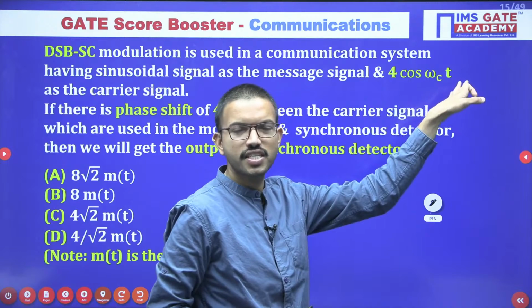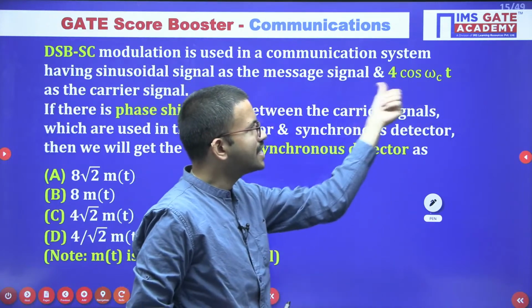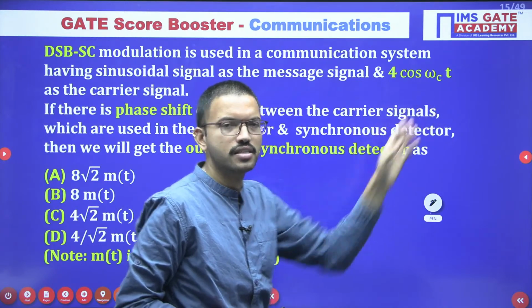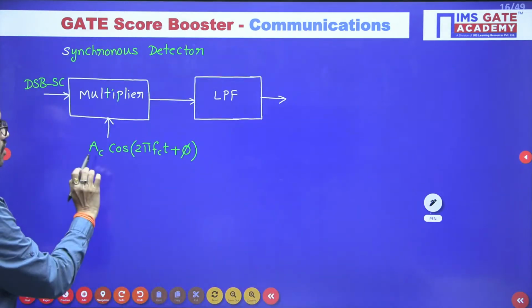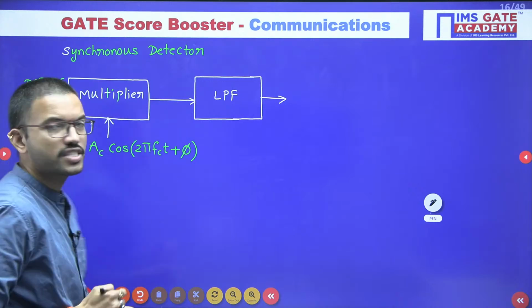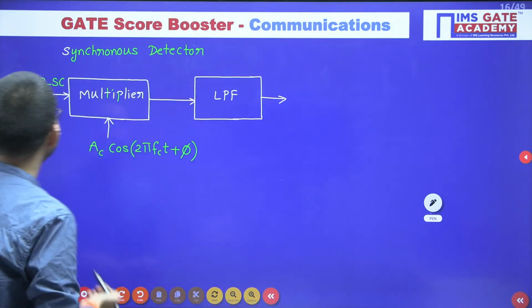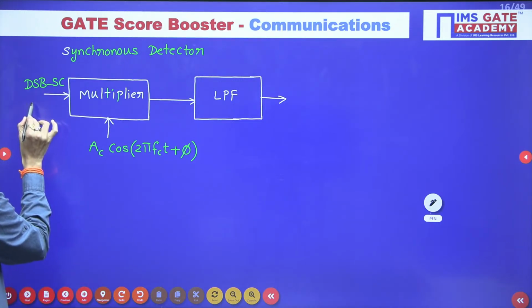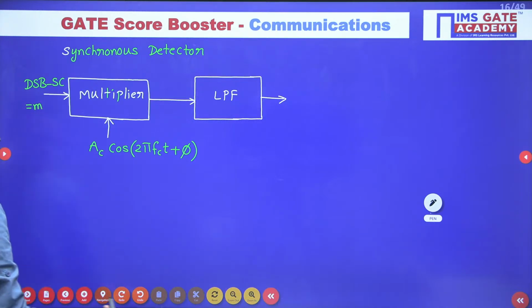So that means there is no phase angle difference here, right? So if you are considering generalized format like AC cos 2 pi f ct, with respect to that, here I have considered AC cos 2 pi f ct plus phi. Okay, right. So regarding DSBSC signal, which is nothing but M of t into C of t.